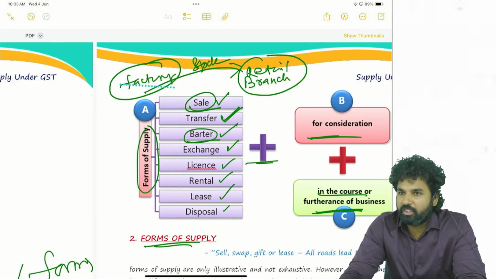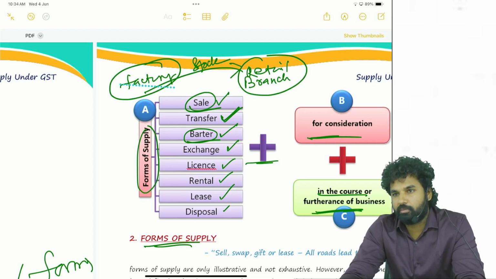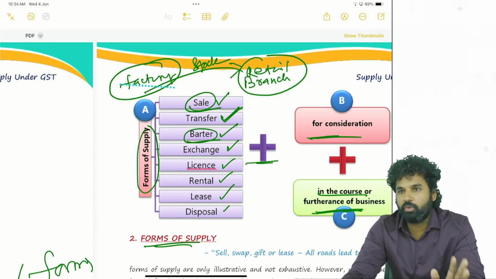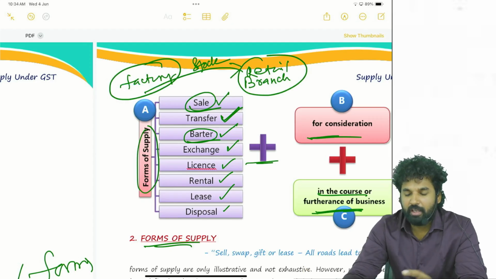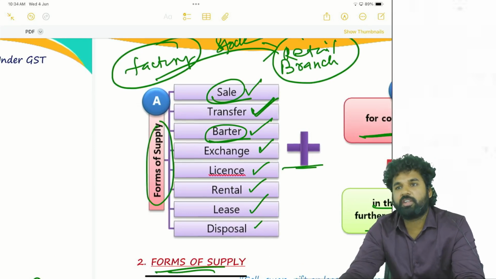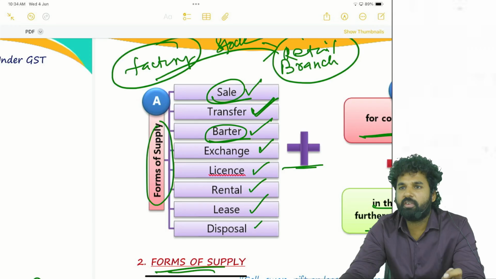What is the difference between exchange and barter? In barter, there is simply an exchange. There is no consideration or cash involvement. So I am giving some goods to you. You are giving me some goods, or you are giving me some service. Let's say an example. See, these social media influencers are reviewing a new phone.